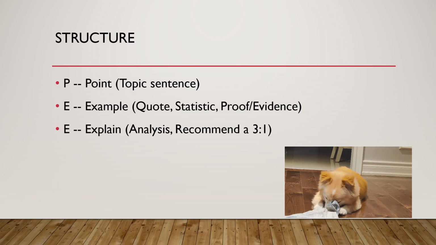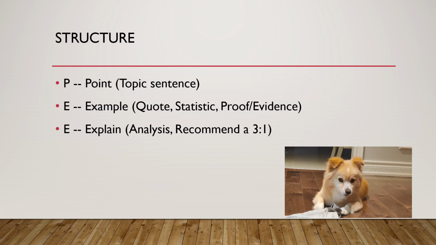The second sentence is the example. It can be a quote, a statistic, proof, evidence. Then the third sentence, or the third sentence and onwards, is the explanation or the analysis. And usually I recommend a 3-to-1 ratio.